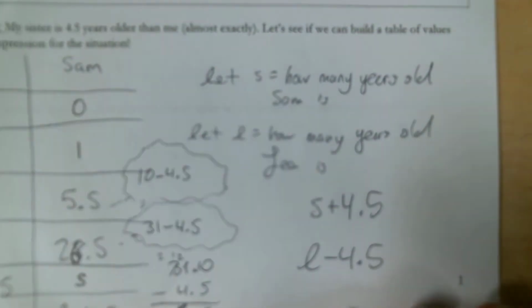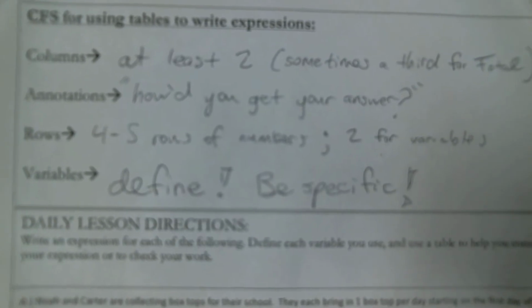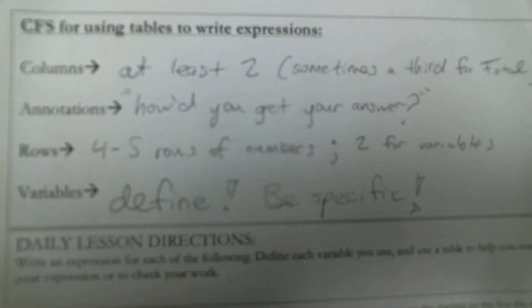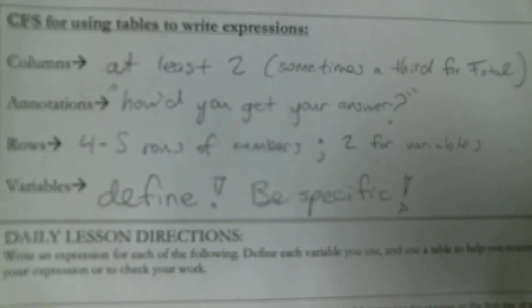Okay, so let's move on to a few more complex examples. So first of all, we have a CFS, right? First things first, we should have at least 2 columns when we use these tables to find out these expressions. So let me get my camera refocused here. And then we should also have some annotations, which you can basically be thinking, how'd you get your answer? These things right here, these are our annotations.